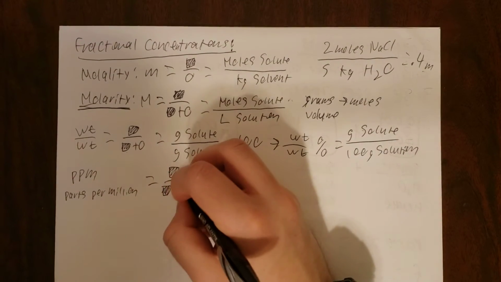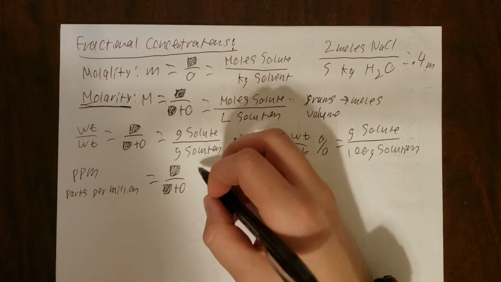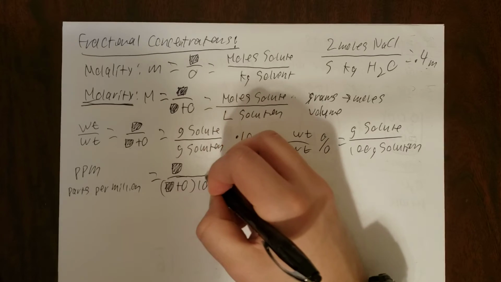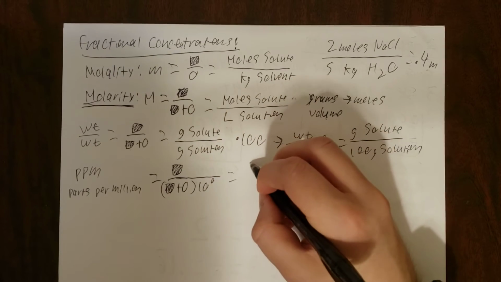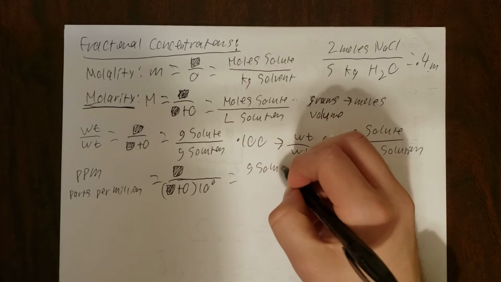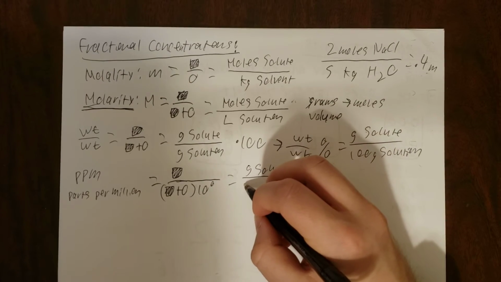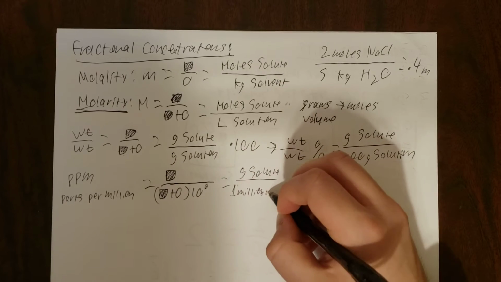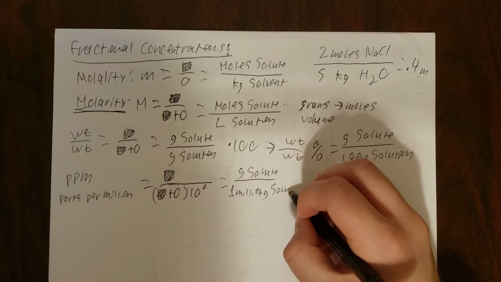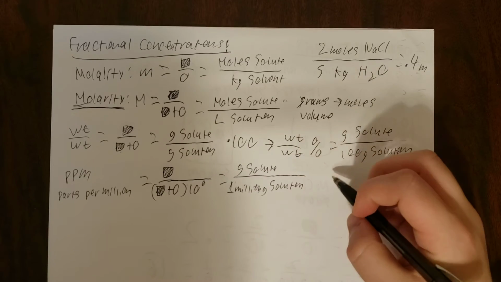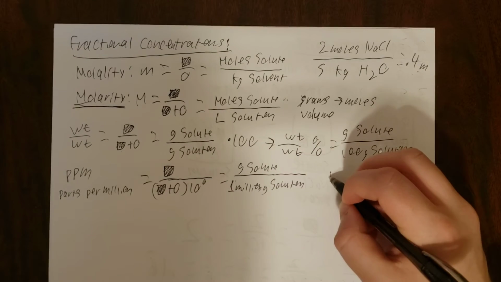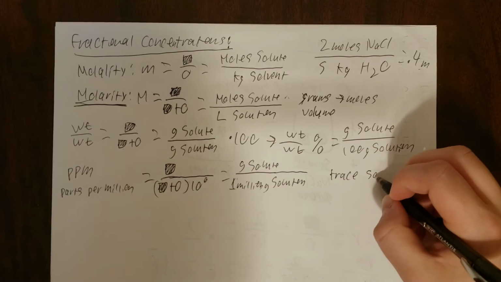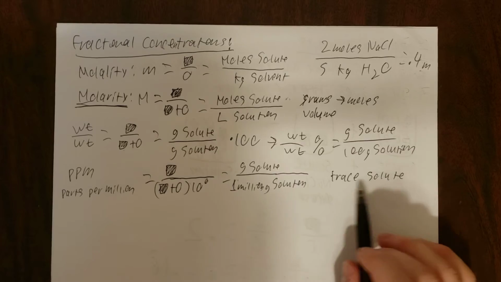This one's slightly different because this is all in terms of how many grams of the solute per 1 million grams of solution. So this unit is mostly used when there are trace amounts of the solute within the solution.